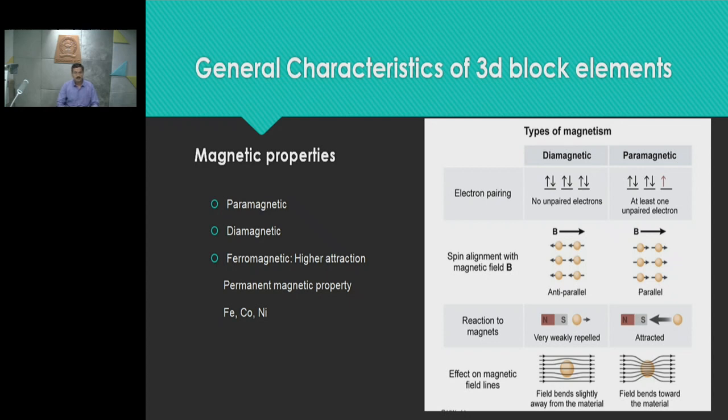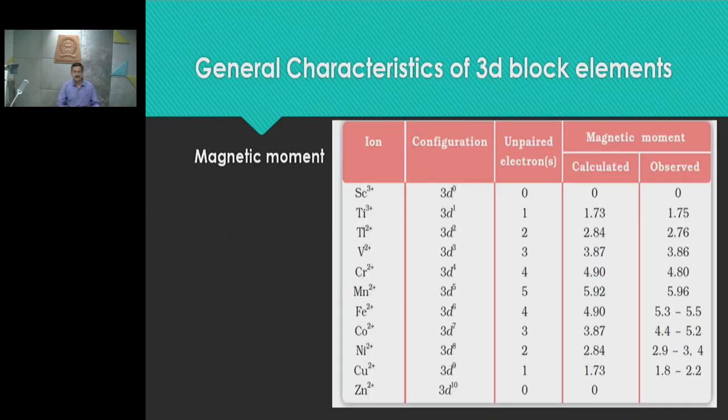Magnetic property includes paramagnetism, diamagnetism, ferromagnetism, antiferromagnetism. In ferromagnetic, there is higher attraction and it leads to permanent magnetic property, for example iron, cobalt and nickel.